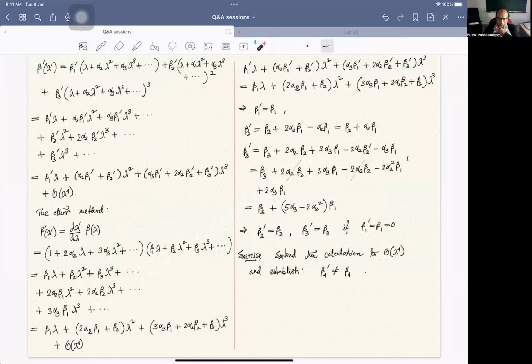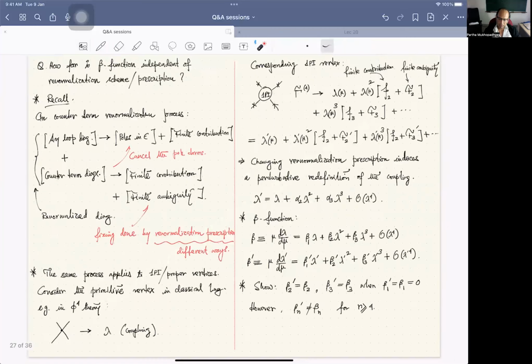Okay, so now you see, for any coupling in any other theory, if the beta function starts with this coupling relation, the relation between the two couplings, that is this perturbation expansion, is generally true.